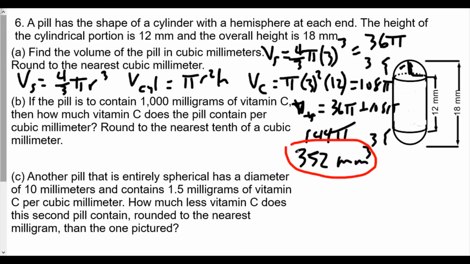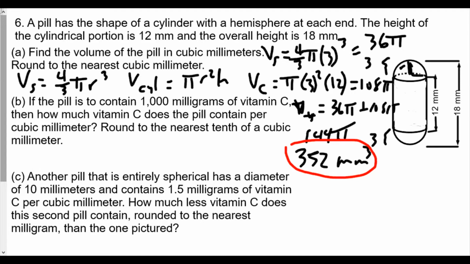Sorry, I crammed it in there. It's not a lot of space. But we find each of the volumes separately. I did them in terms of pi, so I didn't have to write all those decimals. We found the volume of the sphere to be 36 pi, and by sphere, it's the two hemispheres put together, because the top half and the bottom half make a whole sphere.